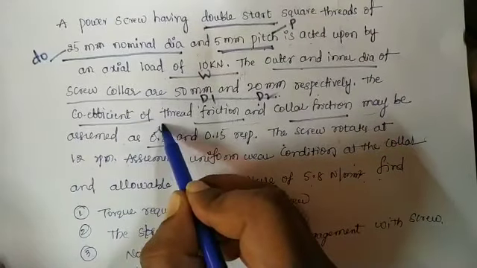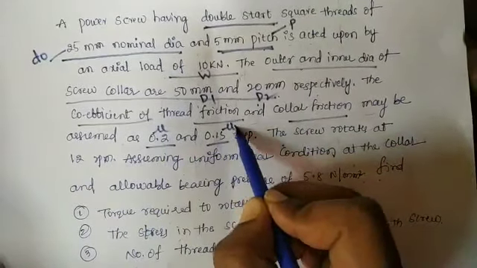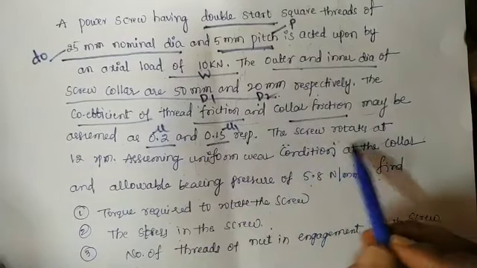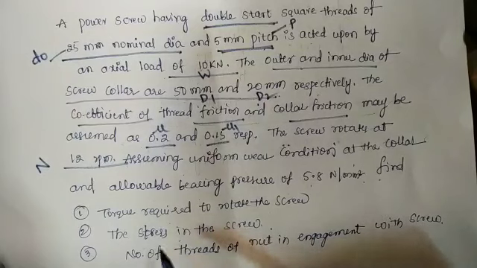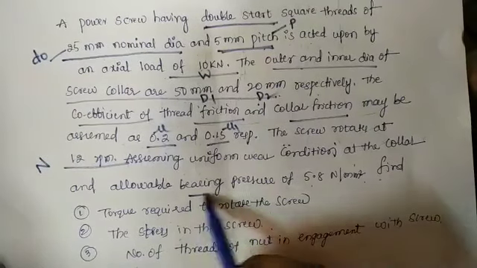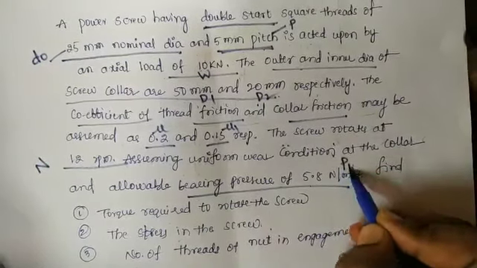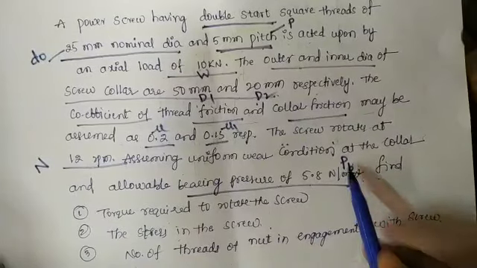Thread friction means mu, collar friction means mu1. The screw rotates at 12 rpm, that means N, speed. Then bearing pressure means PB.